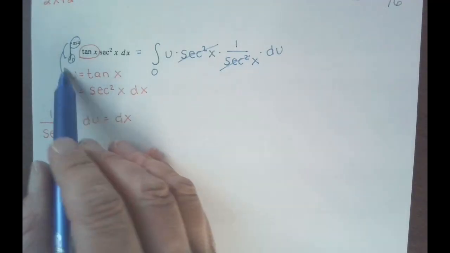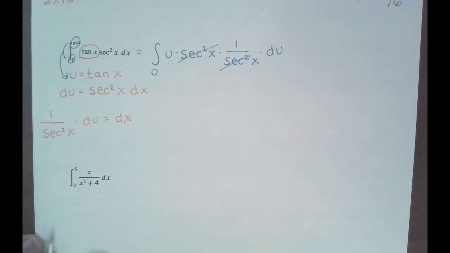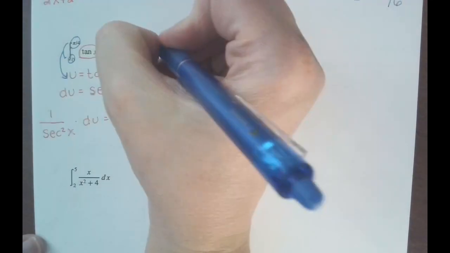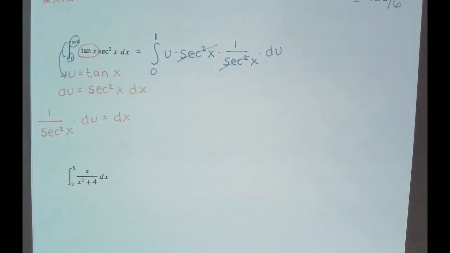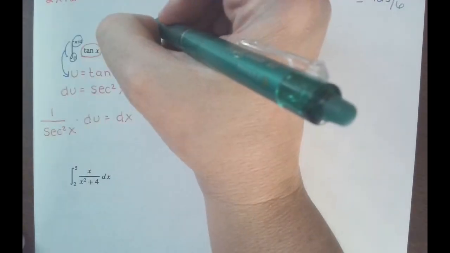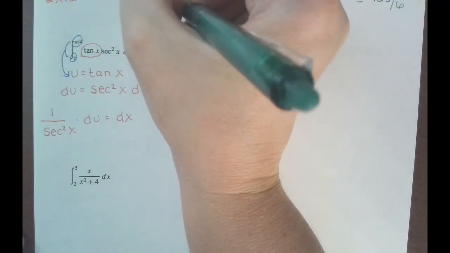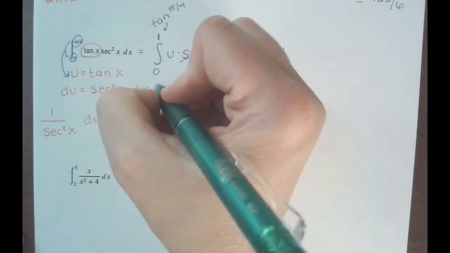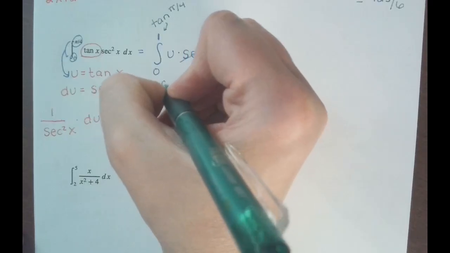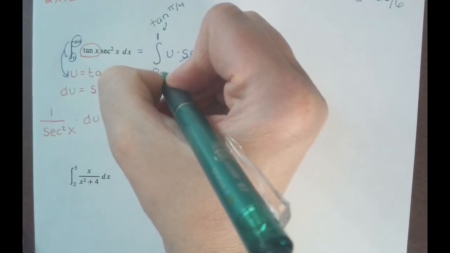And then tangent of pi over 4, if you think about your 45 degrees there, is just 1. So that let us convert those to u values instead of x values. Now, let me just jot down here how I got this. This I did tangent of pi over 4, and this I did tangent of 0.